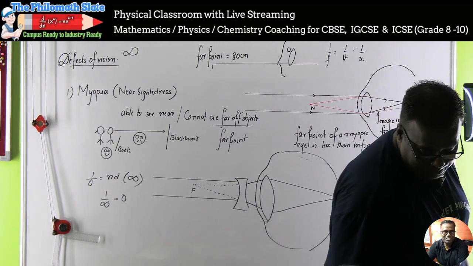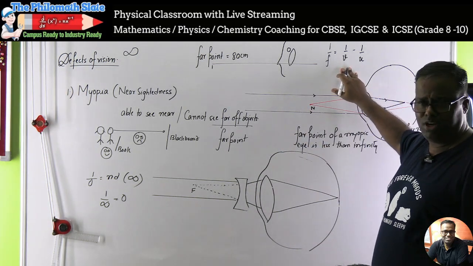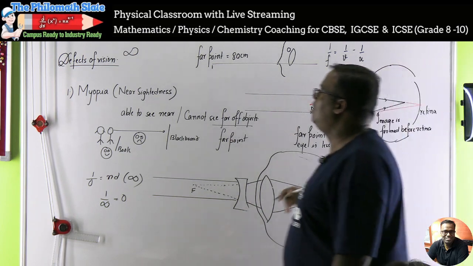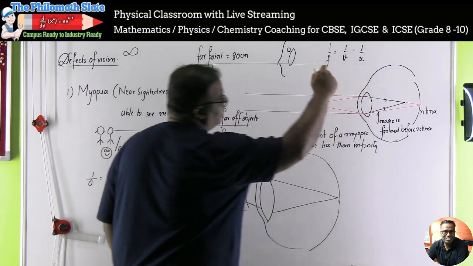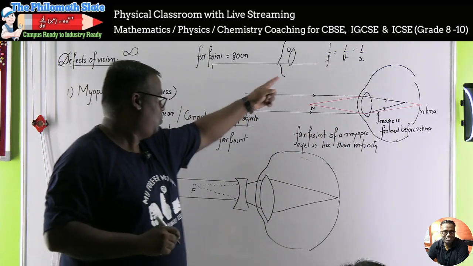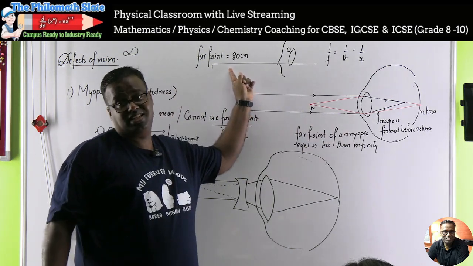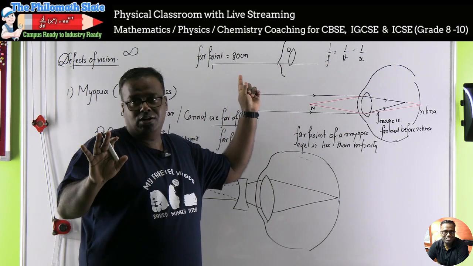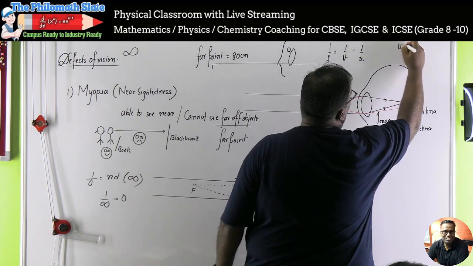So take the problem. How will we do the problem? Now you are an optometrist, you are the lens card guys. Come on, do this problem. So what is your u? How much will you take the value of u as? Infinity. Okay, what will you take the value of v as? Minus 80. Why do you forget the sign convention? But when you start with your problem, u will be taken as what?